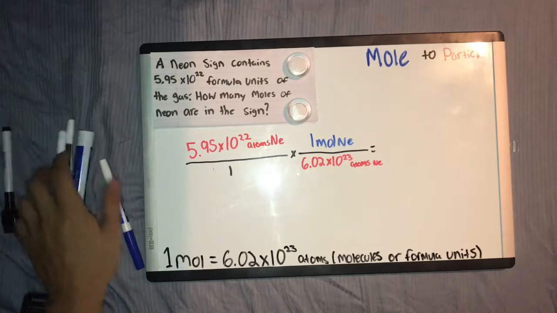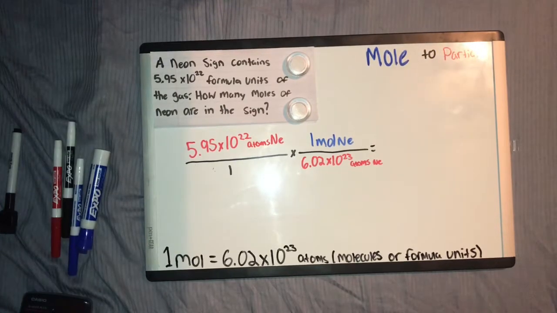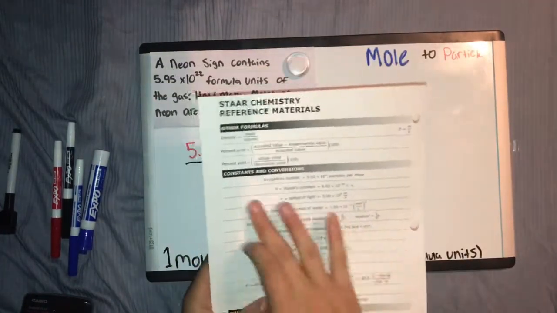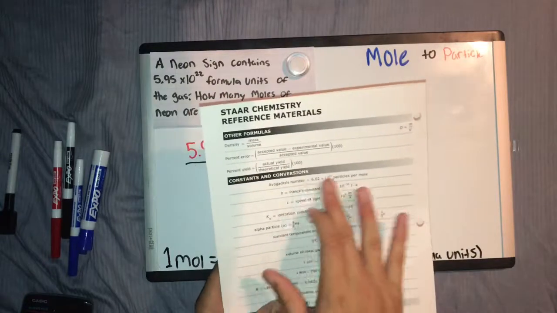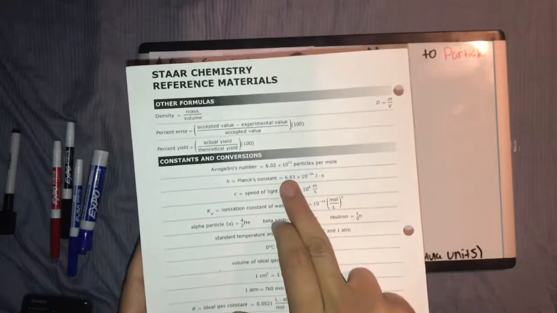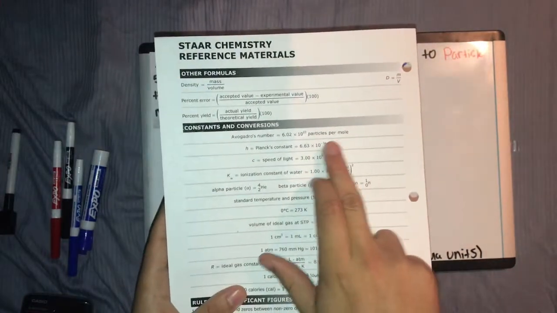Alright. And if you don't know where to find that number, Avogadro's number, usually any periodic table has it in there. So particles, Avogadro's number, 6.02 times 10 to the 23rd particles per mole.